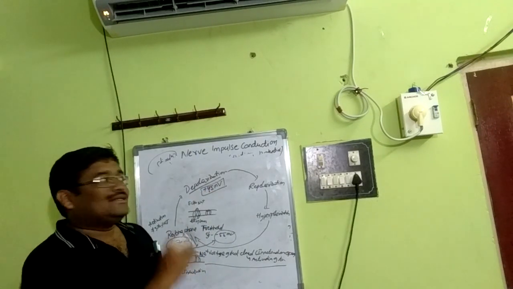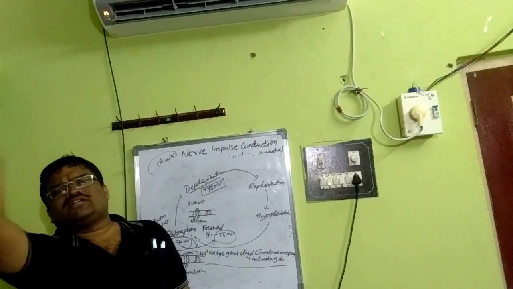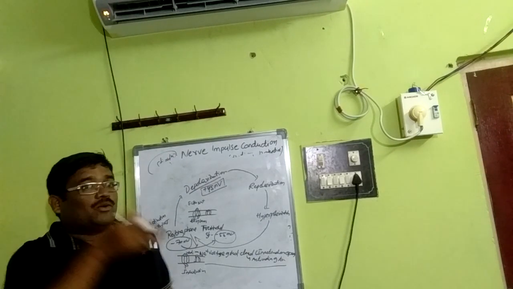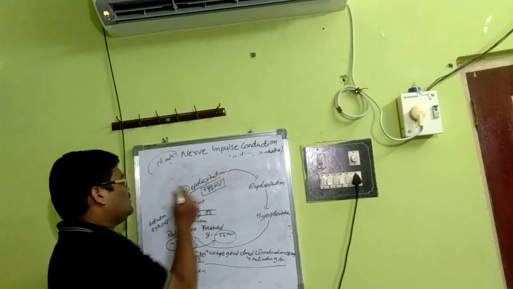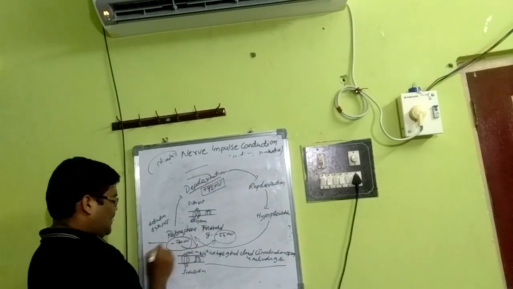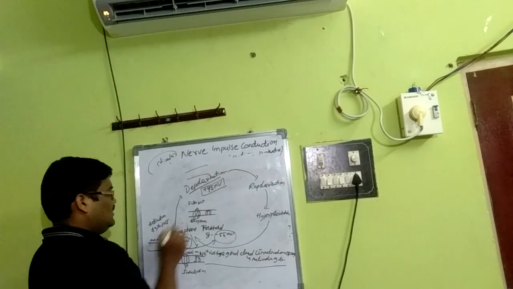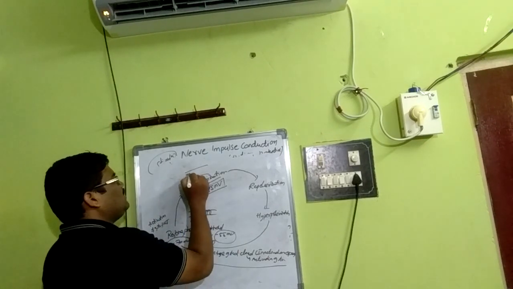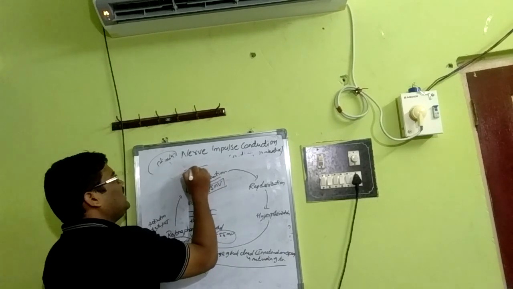When this happens, the action potential generates and goes to the next successive part. But what exactly happens here? Here it is negative inside and positive outside, whereas in depolarization it becomes positive inside and negative outside.